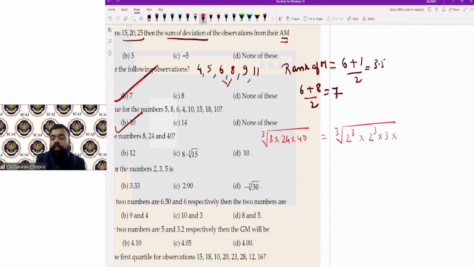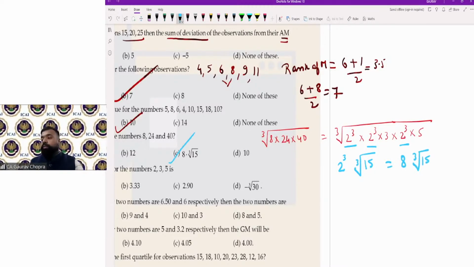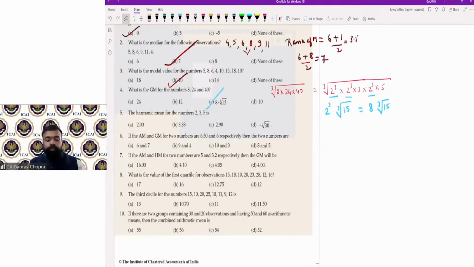And 40 is 2 cube multiplied by 5. Now 2 cube is coming 3 times, so this can be taken out of the root. So 2 cube. What is left inside? It is the cube root of 15. So the final answer is 8 cube root 15. This is the answer.